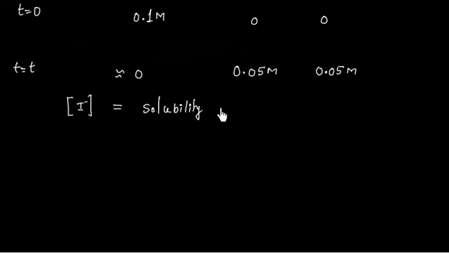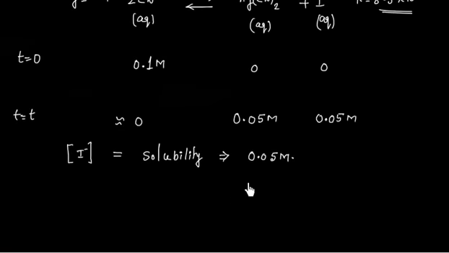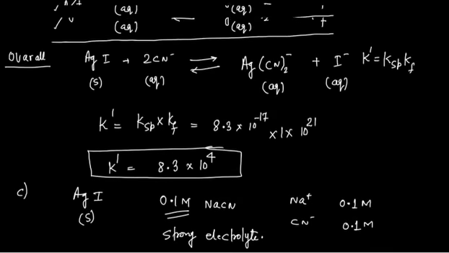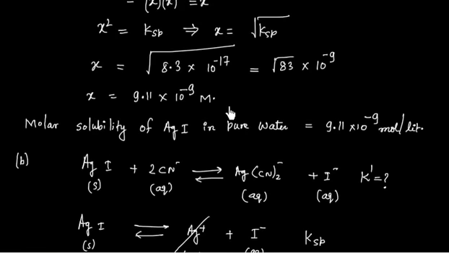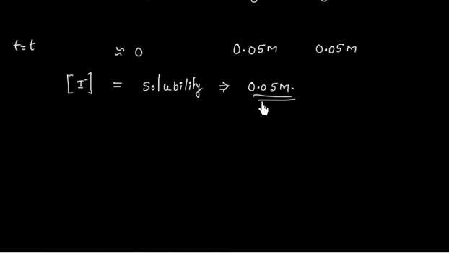So in this case the solubility is 0.05. So the solubility in the presence of NaCN is 0.05 M, but in pure water the solubility is 10 to the power minus 9 M. So the solubility has increased by a large amount.